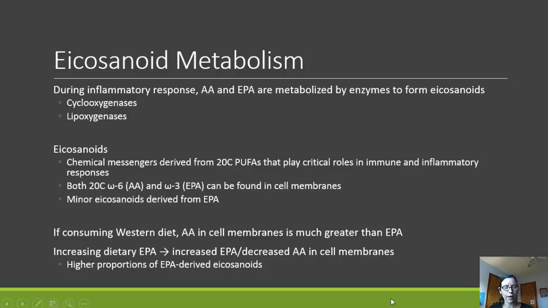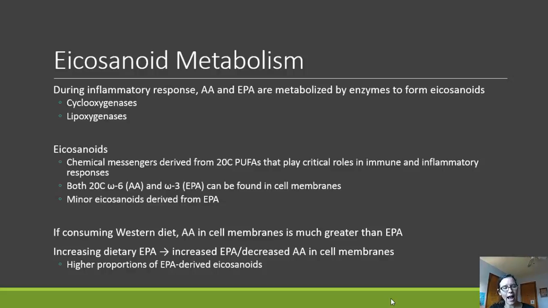Now, as we've talked about, in the Western diet we do get a much higher proportion of omega 6s to omega 3s than what would be recommended here and throughout the world. So it makes sense that we have more of our omega 6 product, our arachidonic acid, incorporated into our cell membranes. However, when we increase our dietary EPA, we really increase the EPA and decrease the proportion of arachidonic acid to EPA in the cell membrane.